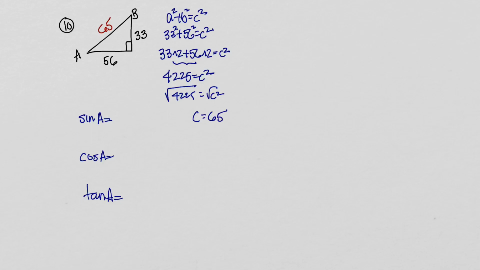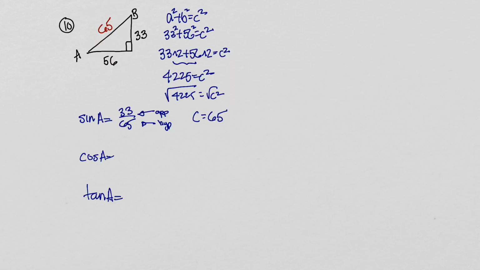And now let's get the sine of angle A. The sine is the opposite over the hypotenuse. So this is going to be 33 over 65. The cosine of A is the adjacent over the hypotenuse.